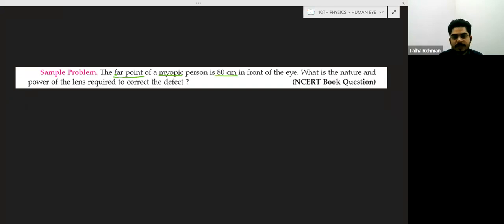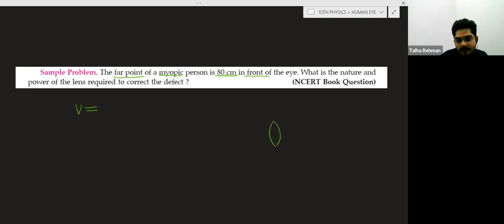What is the nature and the power of the lens required to correct the defect? So the far point of this myopic person is 80. What is given? The image distance is given, and they are saying in front of the eye.